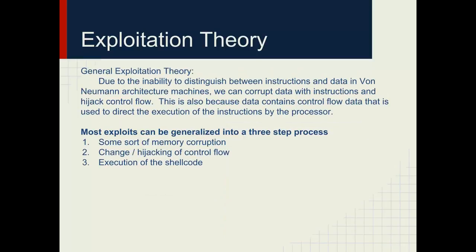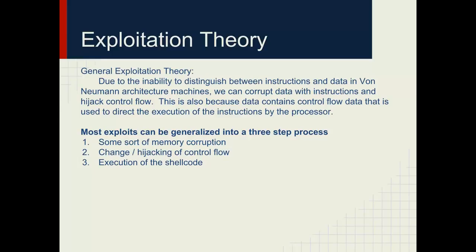So, as I said, in von Neumann architecture, due to the inability to distinguish between instructions and data, you can corrupt data with instructions and then hijack control flow because it saves the previous instruction pointer as a return address on the stack. And we're going to explore precisely how the stack operates with an example and then exploit it later in this lecture.